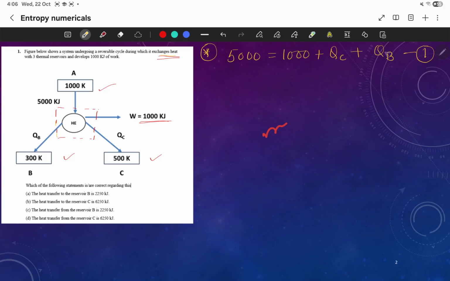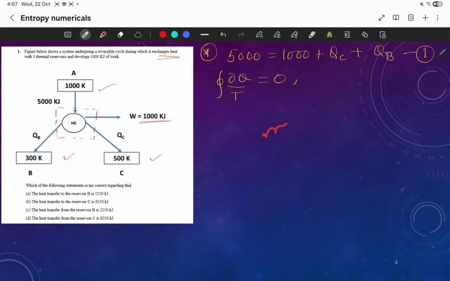Now it is given that the cycle is reversible in nature. So from Clausius inequality, for a reversible cycle, del Q upon T equals 0.